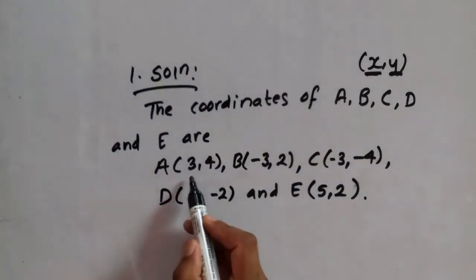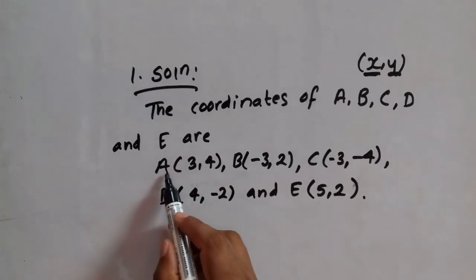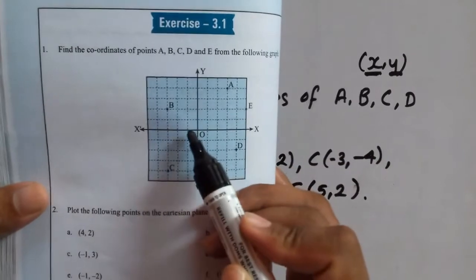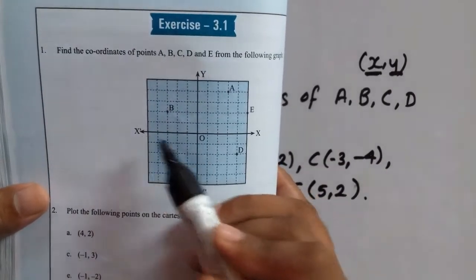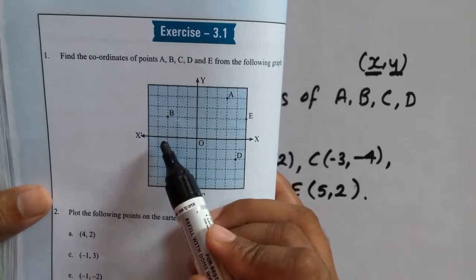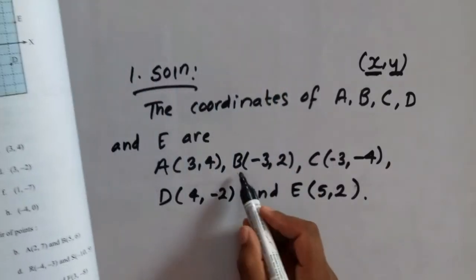So coordinates of this point a is 3, 4. And for b, 1 2 3, and as we know towards left side of x-axis it has negative sign, so -3.